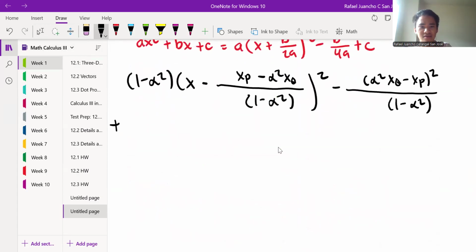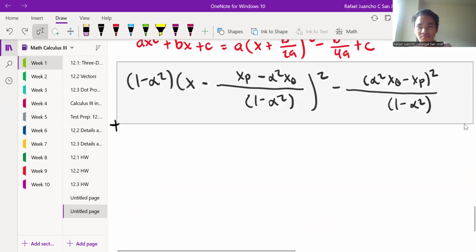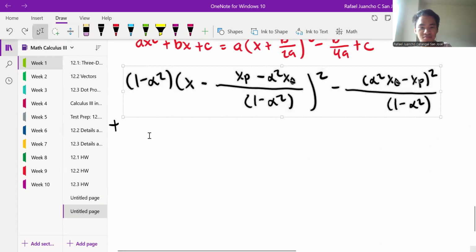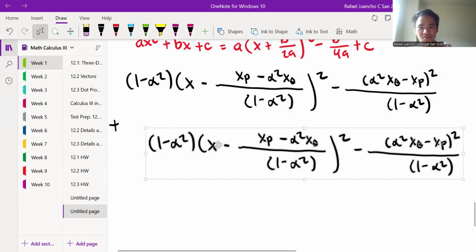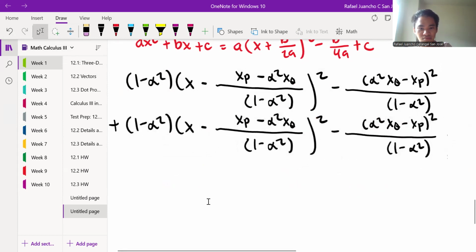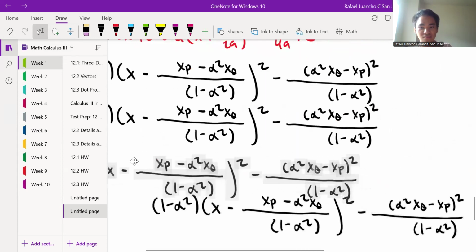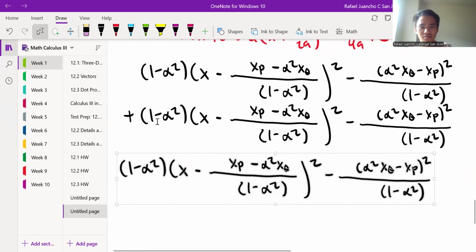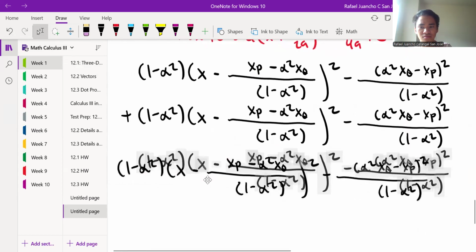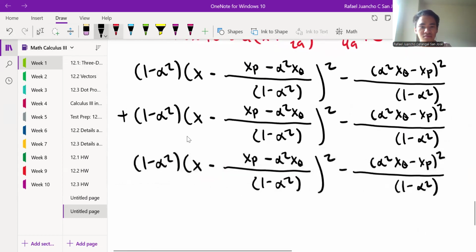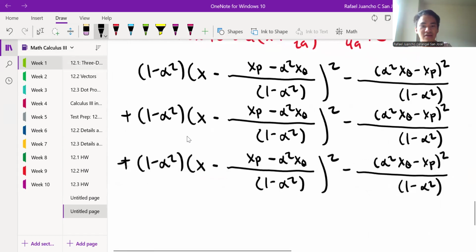So we add, and then we copy this, paste it again. Yeah, because we're doing it for X, Y, and Z.